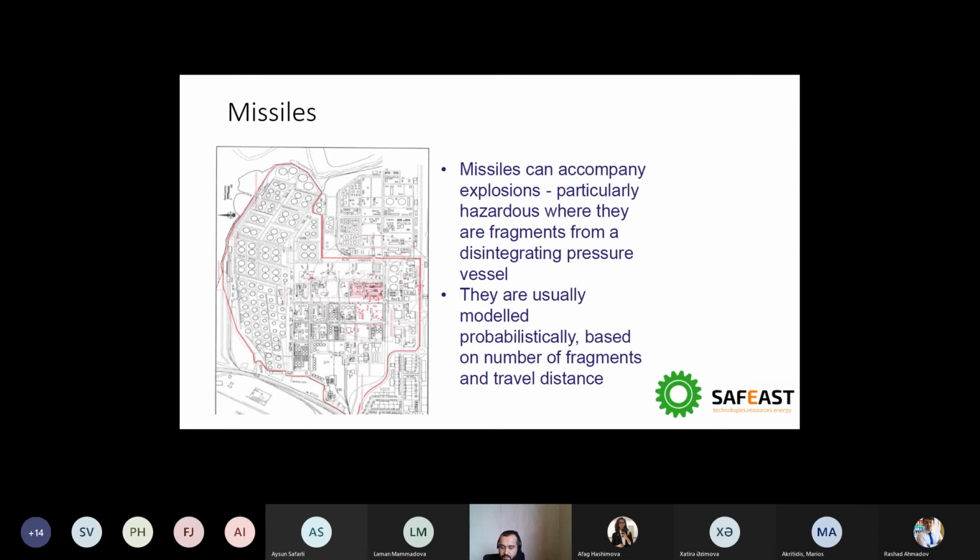Some companies decide to do this because missiles can also accompany an explosion. When fragments from a ruptured pressure vessel fly away, they could hit another vessel and result in escalation. That's why some companies decide to do probabilistic missile calculations as well.